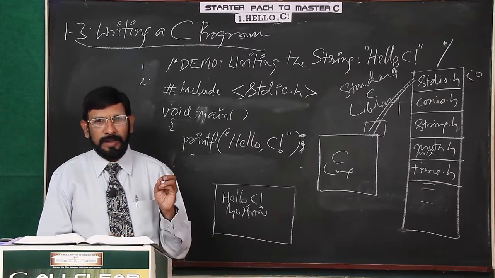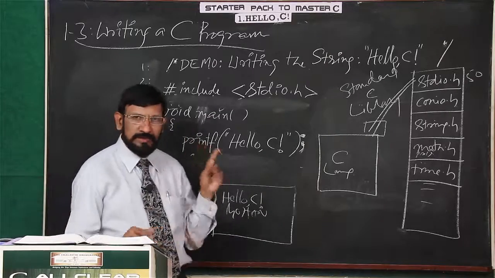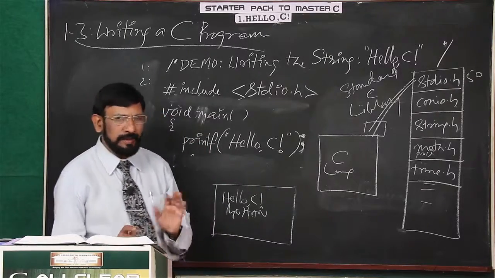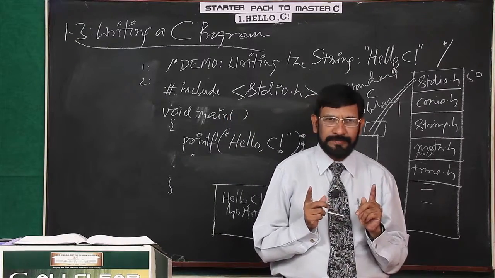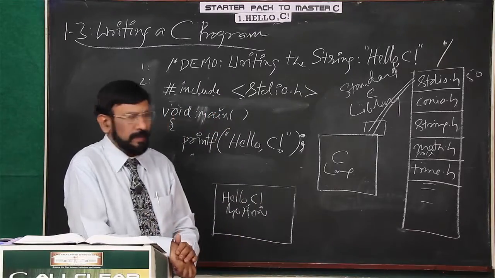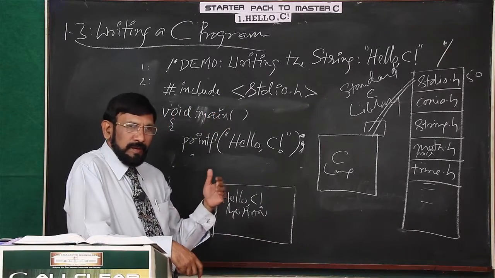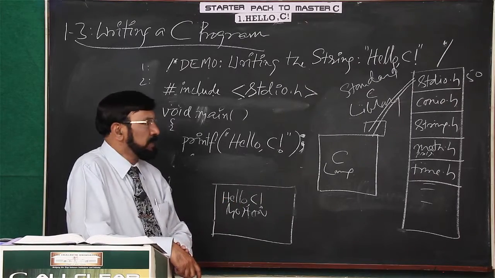Uppercase and lowercase are different, and most elements are in lowercase. That also you have to remember. This is all the line-wise explanation. Now after this line-wise explanation, we have to compile and execute the program. So that I will explain to you.